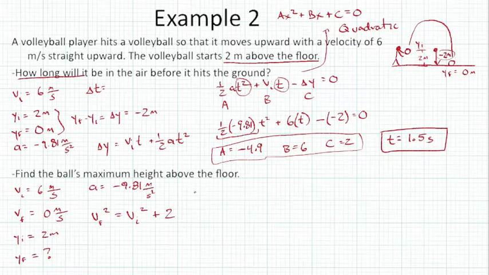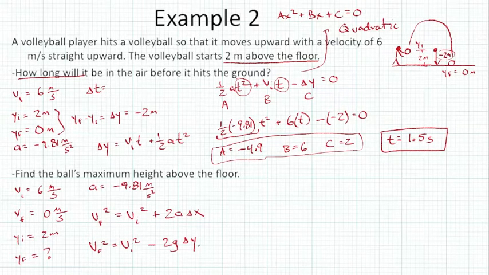Well, I'll just write out the original equation, 2a delta x. That's the original equation that we learned. The one that we revised slightly for this chapter is VF squared equals VI squared minus 2g times delta y, but they're, again, virtually the same thing.